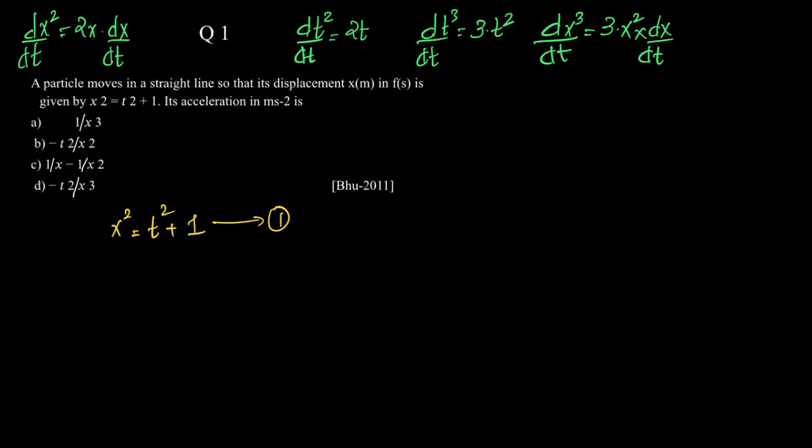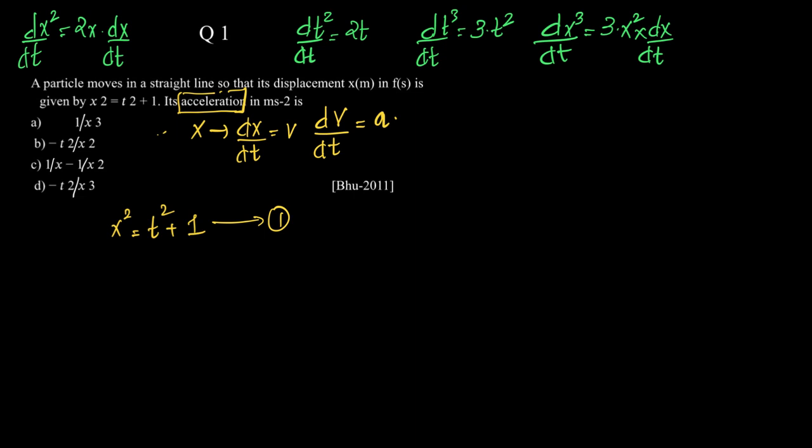Now you may ask me, why do I differentiate with respect to t? Because if I'm given x, if I differentiate it with respect to time, what do I get? Velocity. If I'm given v, velocity, if I differentiate with respect to time, what do I get? Acceleration. What is being asked in the question is to find the acceleration.